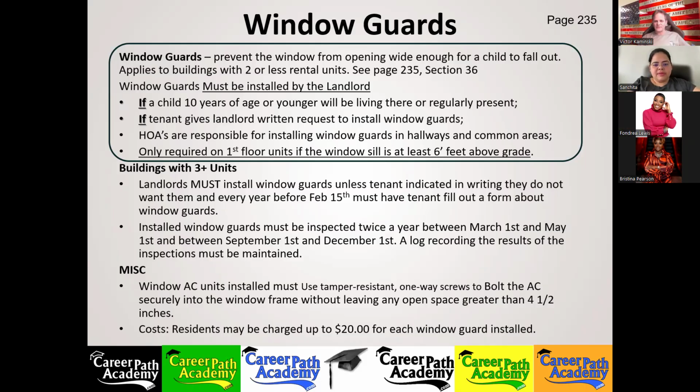So they got fire escapes. You wouldn't want a window guard there because you wouldn't be able to get out onto the fire escape because it prevents the window from opening more than 4.5 inches. You know, I guess that may be the rationale behind it.